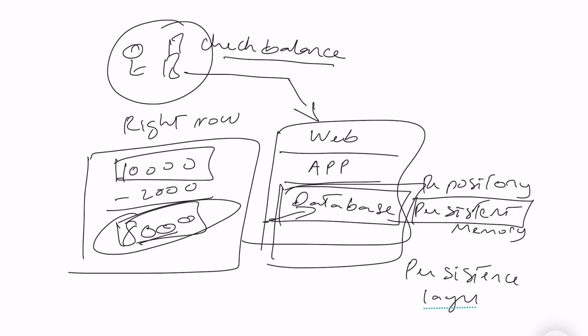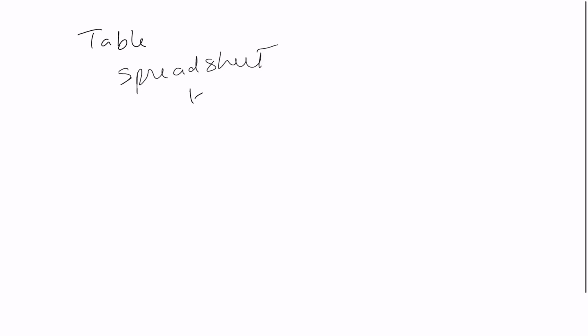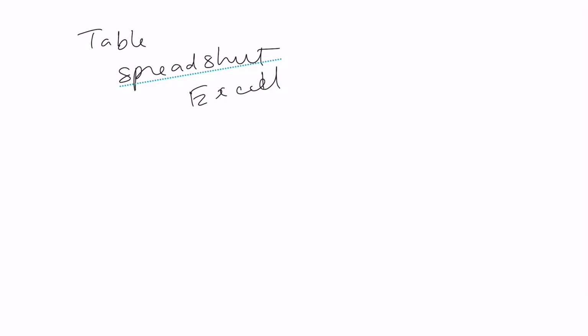So how does this database look ideally? Let's take a look at that. Normally what happens is that you can imagine database is nothing like a table, or maybe a spreadsheet, how you see in Excel, right? So for example, I just mentioned that you have an account, okay, or you are checking the balance.